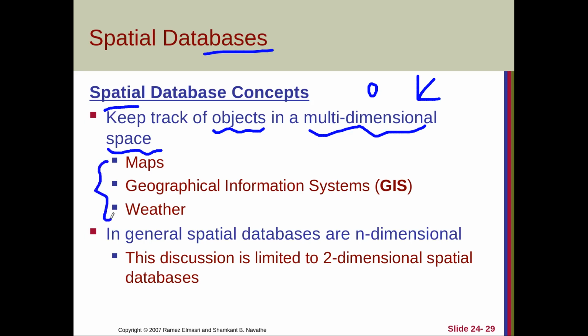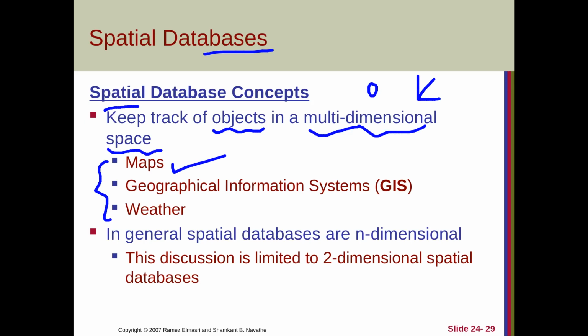Some examples of the usages of multi-dimensional or spatial databases: the first one is the representation of various maps, because all maps consist of the representation of different objects in different formats. If you look at a map of a country, you can see the objects are represented in different ways.